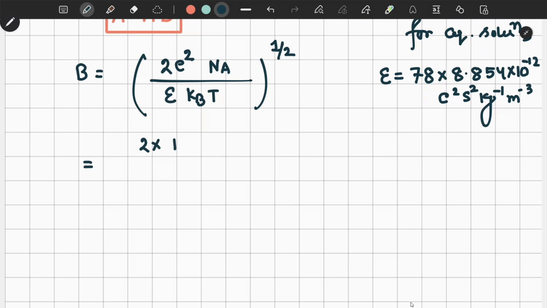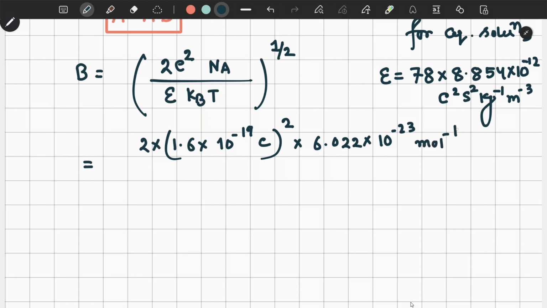It is the charge of the electron, because you are talking about ions, right? 1.6 into 10 to the power minus 19 coulomb, square. Na is 6.022 into 10 to the power 23 per mole.